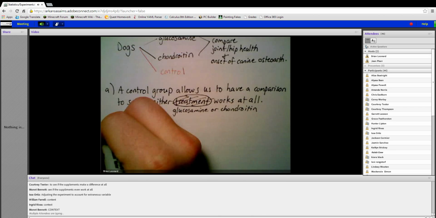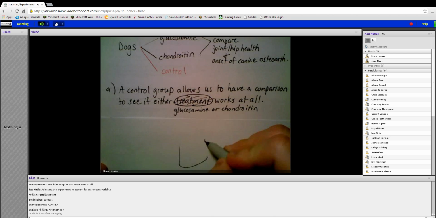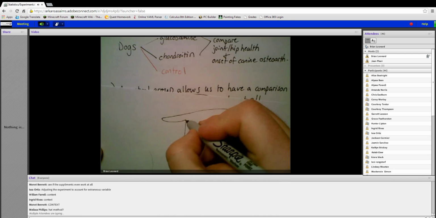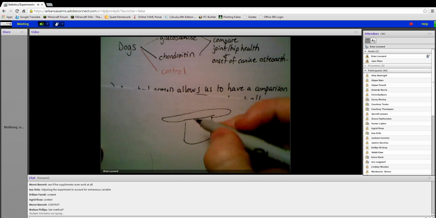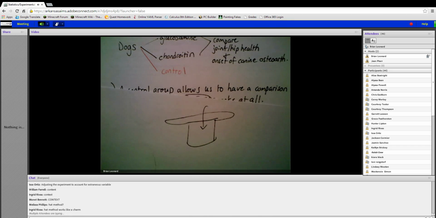I don't know how every teacher tends to explain this one, but I think a lot of teachers prefer the old pull them out of a hat method. Thank you, Melissa.